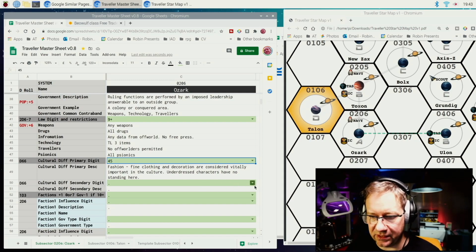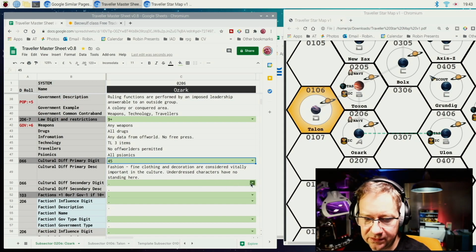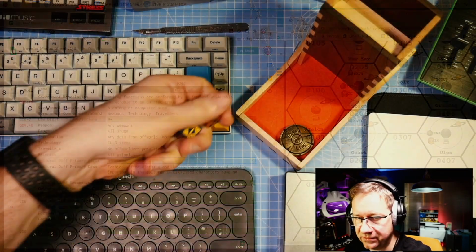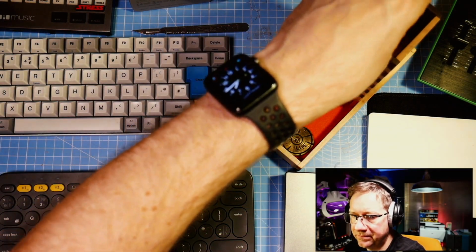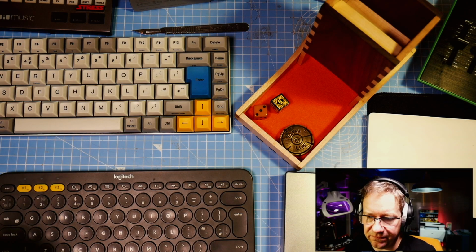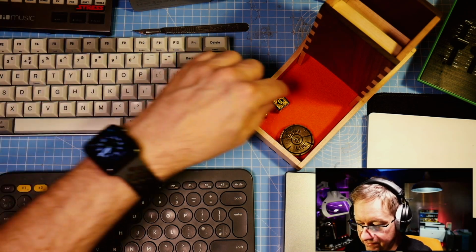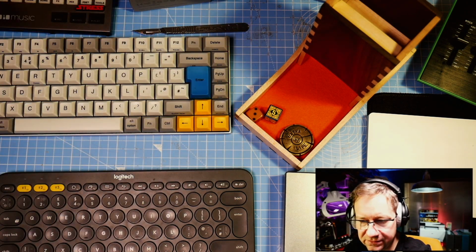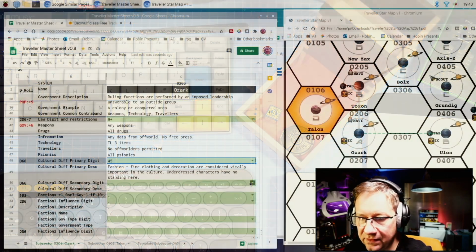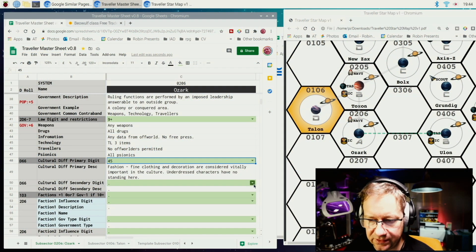So interesting. I have on here a secondary cultural feature, so let's see what I roll up for that. So 53, taking the 5 as the high from those two, and 53.